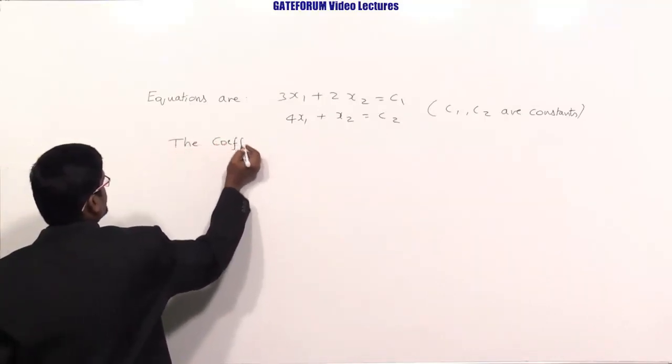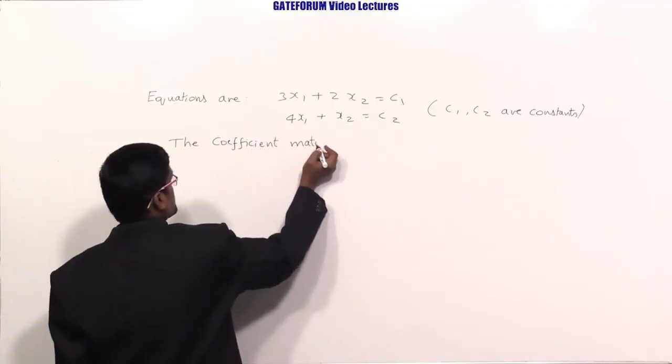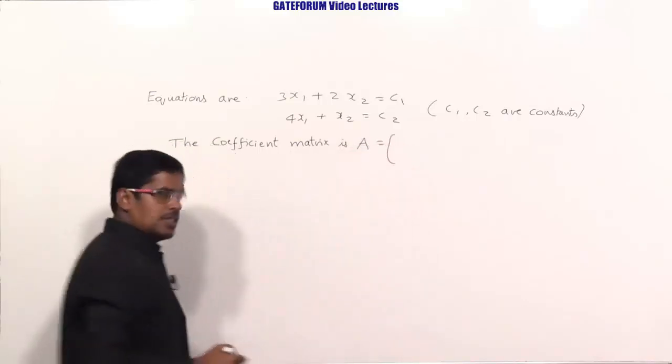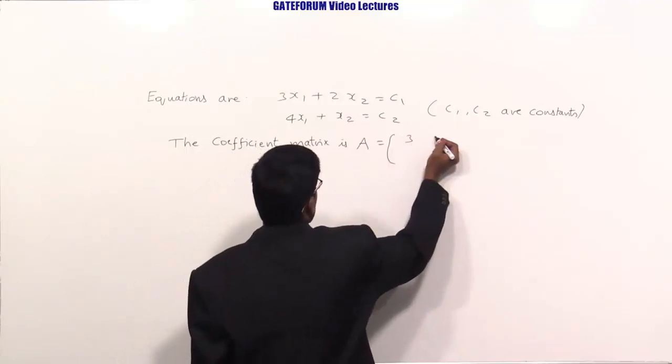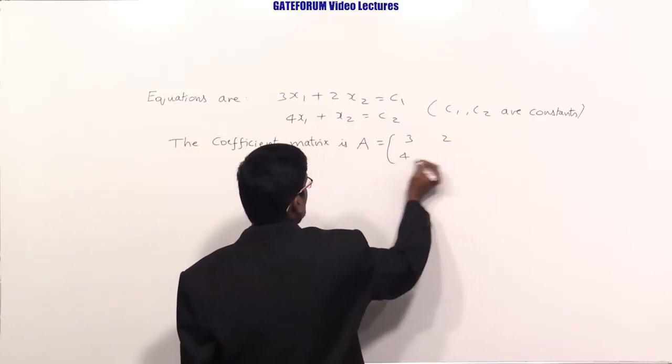In any case, the coefficient matrix is A, just write in each equation the coefficients respectively row wise: 3, 2 in the first equation, first row, and 4, 1 in the second equation, second row. So 3, 2, 4, 1.